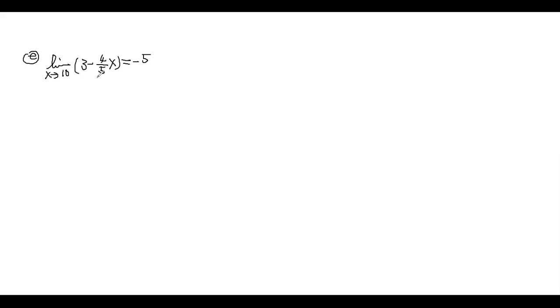So now, what do you mean by the precise definition? Remember, the precise definition is that for any given epsilon, our goal is to try to find the delta, just like we practiced for the previous 4 problems.